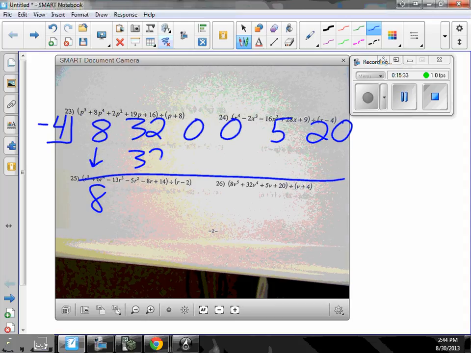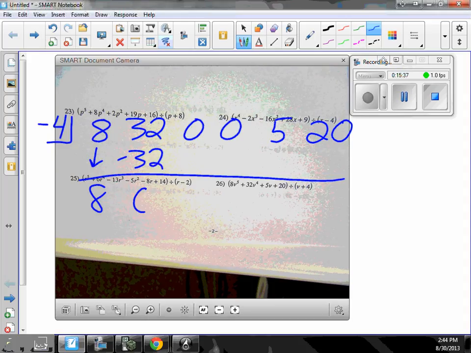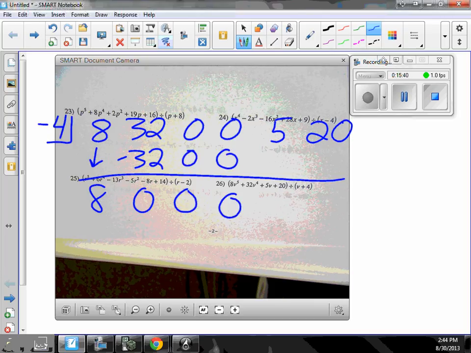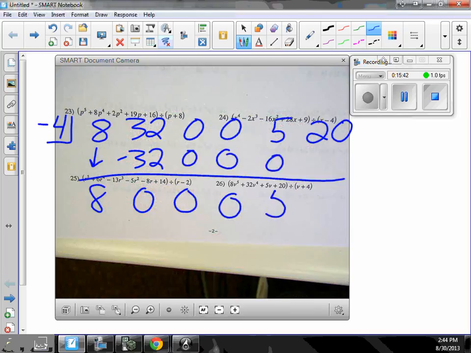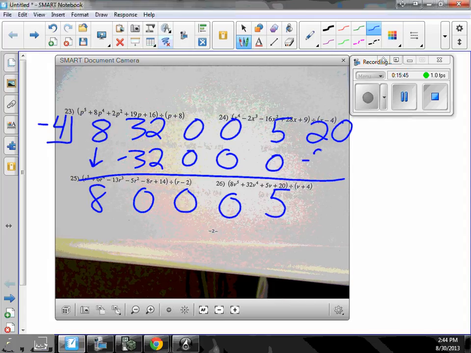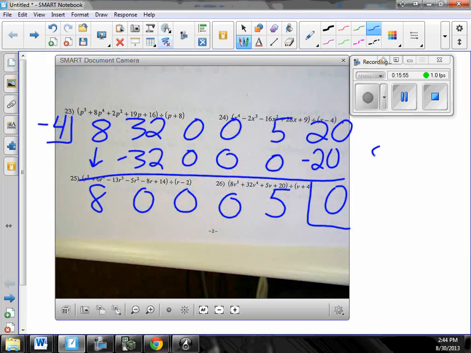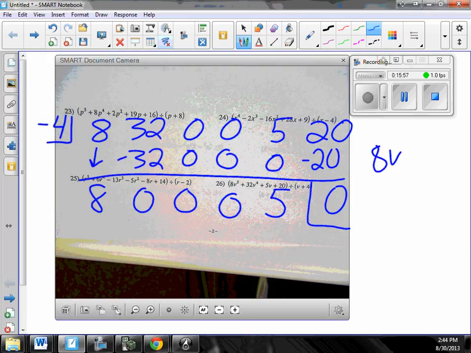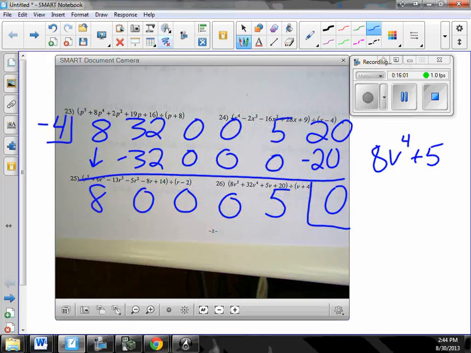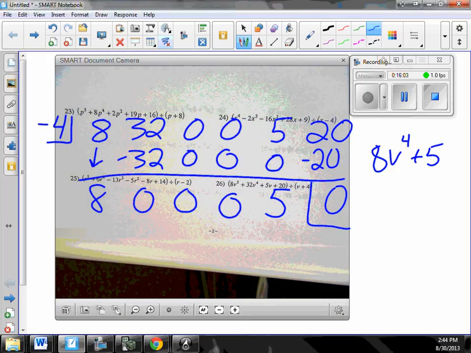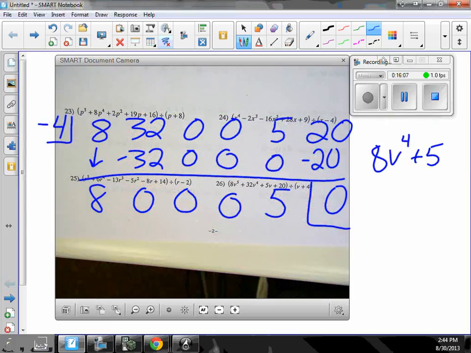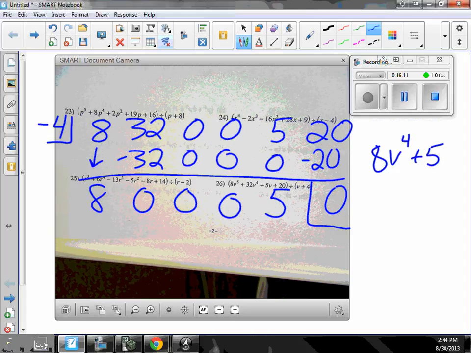Oh, this is going to be so easy. 0, 0, 0, 0, 5, negative 20, and 0. What does that mean? Eight v to the 4th plus 5, and there was no remainder, so I don't need to write plus 0 over v plus 4. And I'm done. Okay, does that make more sense than yesterday?